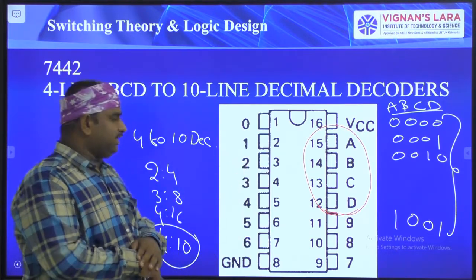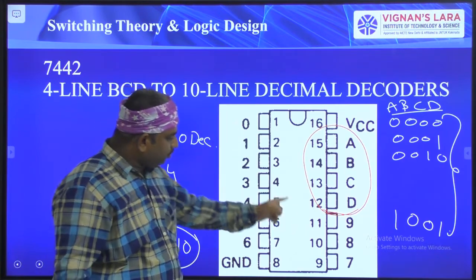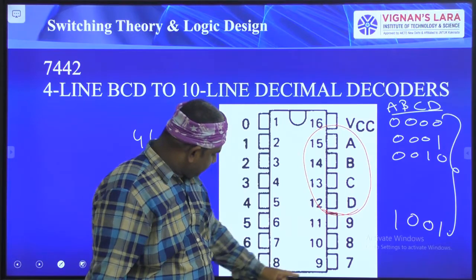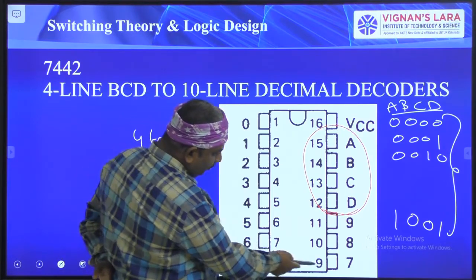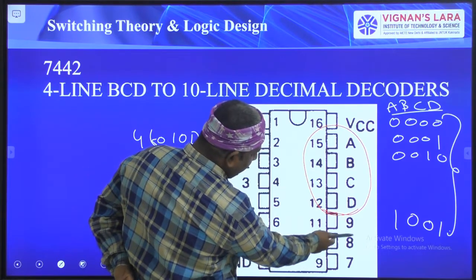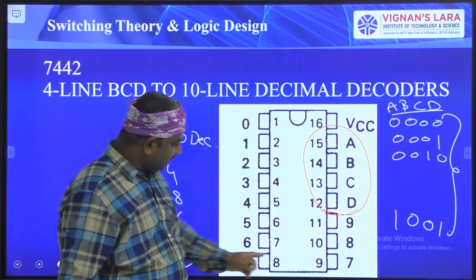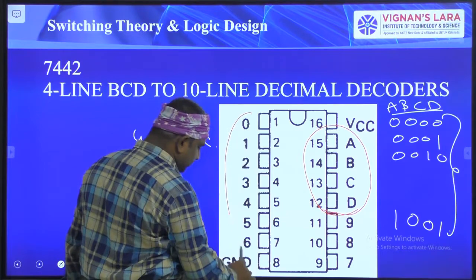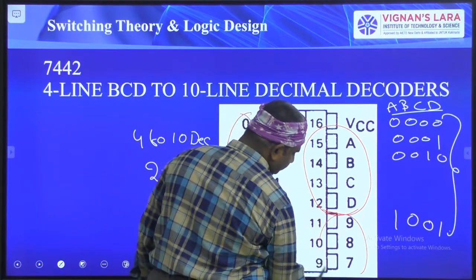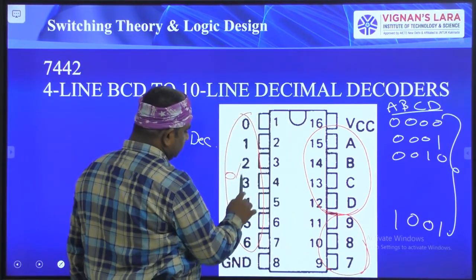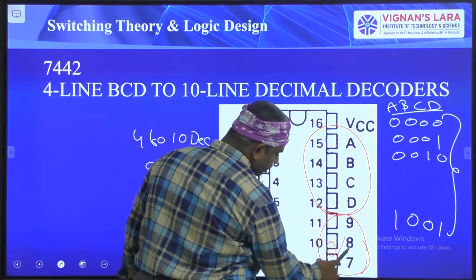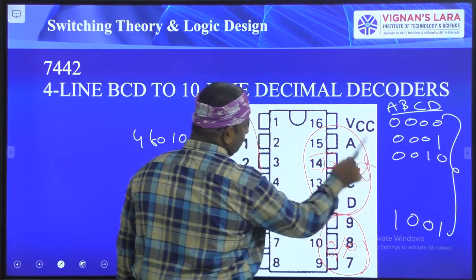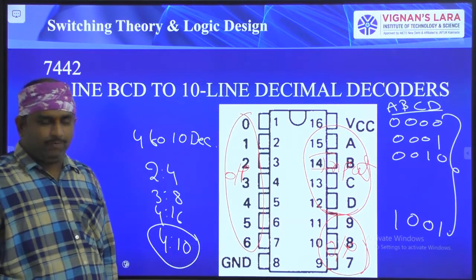Coming to the 16 pin IC, here we have outputs 0, 1, 2, 3, 4, 5, 6, 7, and after that 8, 9. Totally 10 outputs. These are the outputs and these are the inputs, ABCD, 4 inputs.